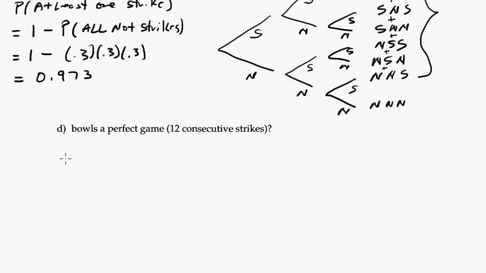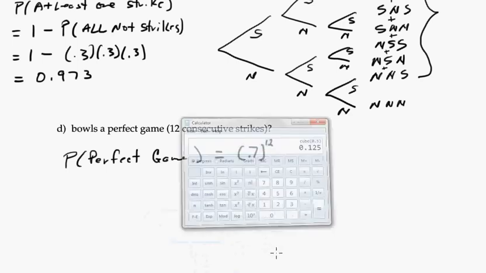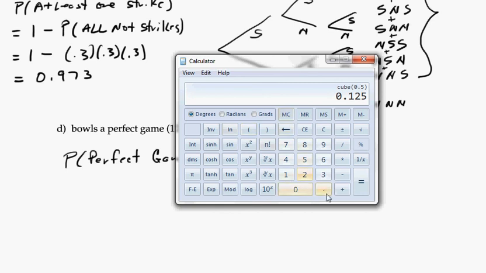So that would be the probability of a perfect game, which would be 0.7 raised to the 12th power, and I'll have to use my calculator for that.